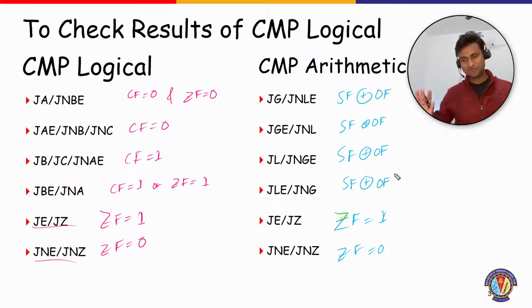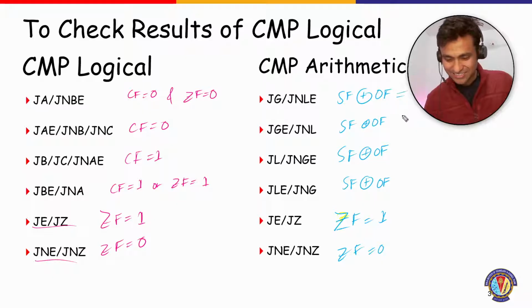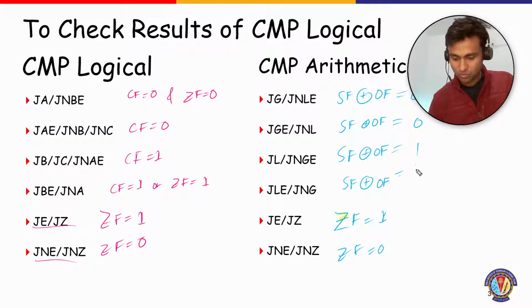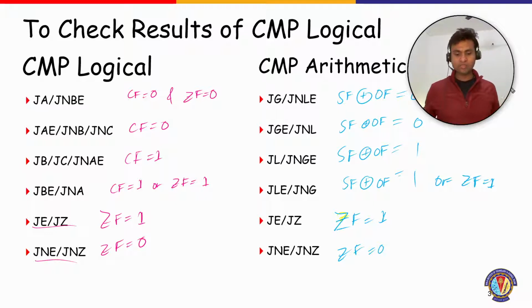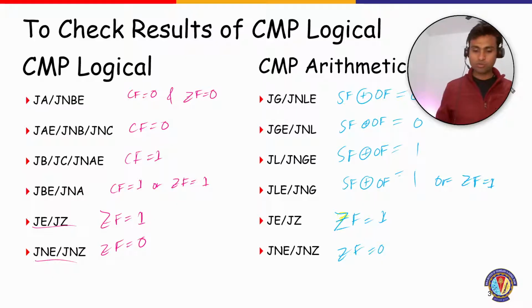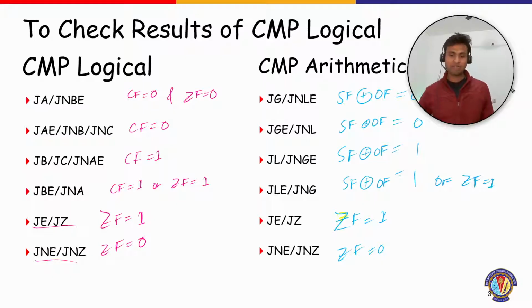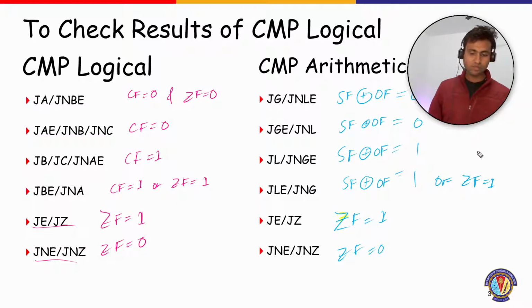Here it is 0, or zero flag equal to 1, and here the zero flag is equal to 0. If these two bits are true, then that definitely means cx is greater than, which also means it is not less than or equal to. So in your ALP, you just have to quickly identify and fill in this information.